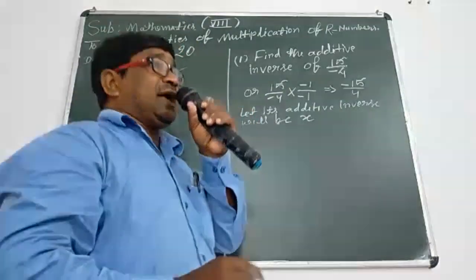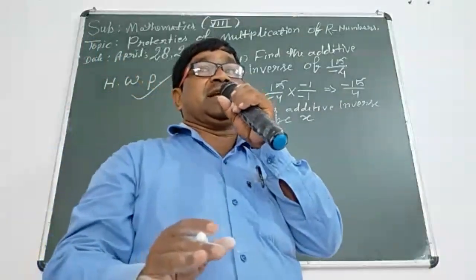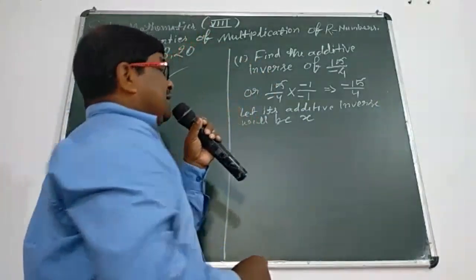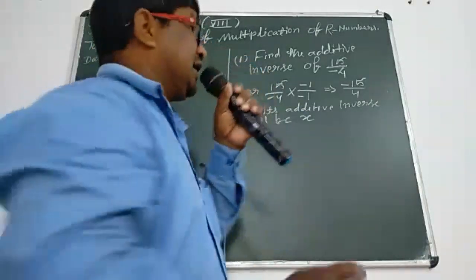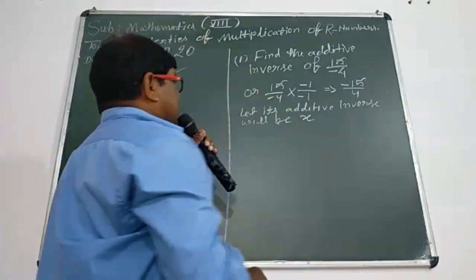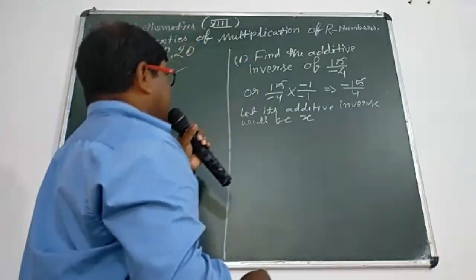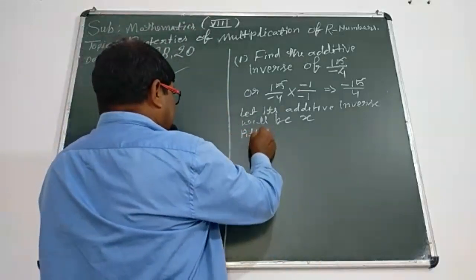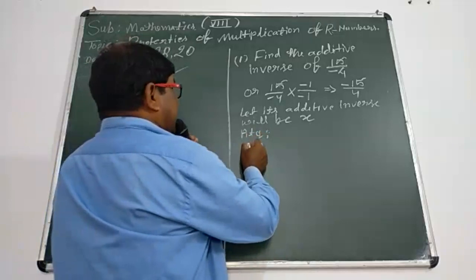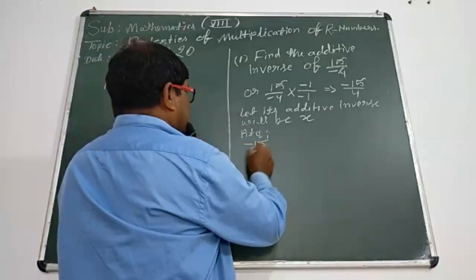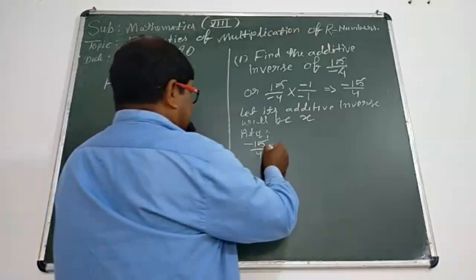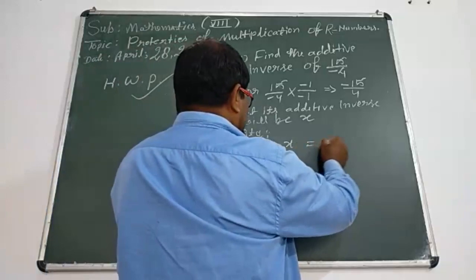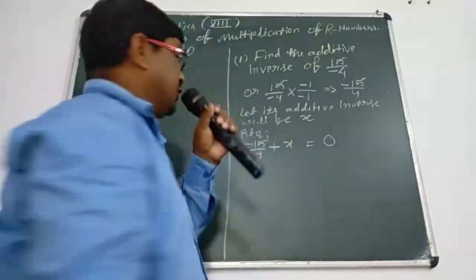If a upon b is a rational number which exists, then its additive inverse is minus a upon b, in such a way that a upon b plus minus a upon b equals 0. Mind the property. According to the question and the property, minus 15 upon 4 is your rational number, plus its additive inverse supposed by you, x, equals 0.